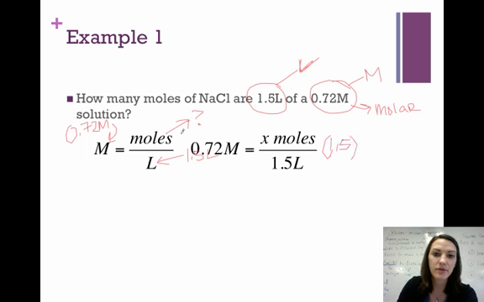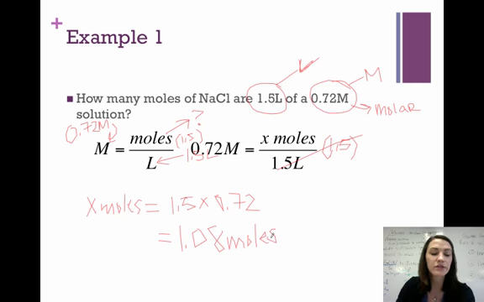That cancels out, so X, the number of moles, is equal to 1.5 times 0.72. When you do the math, you should get 1.08 moles of NaCl. So you have 2 of the pieces of the puzzle, just put in the third, and you're all set.